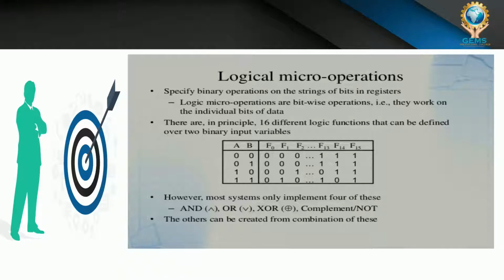All of you know about logical operations. What are they? AND operation, OR operation, NAND, NOR, XOR (exclusive OR), NOT. These are all logical operations, and we also use them in computer organization and architecture.